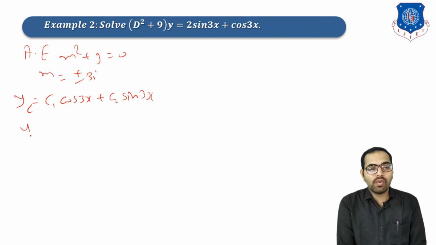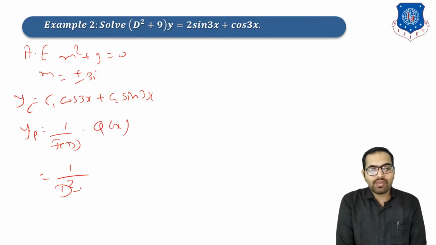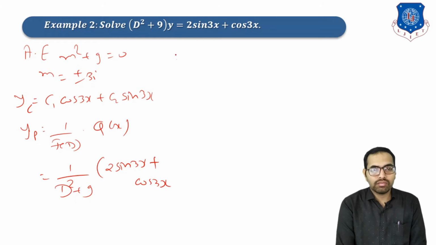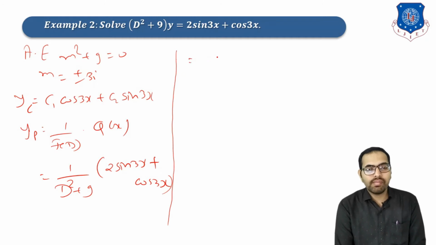Now yp, we have the formula: 1 upon f(D) into Q(x), that is 1 upon D² + 9, Q(x), which is 2 sin 3x + cos 3x. Now what we have to do? Just simplify that term.